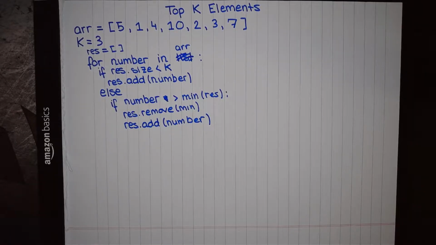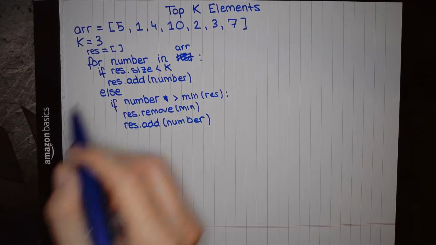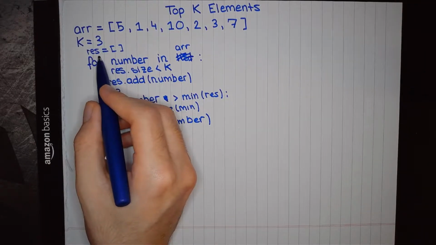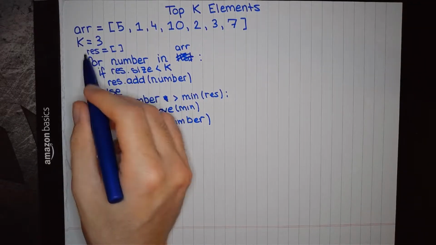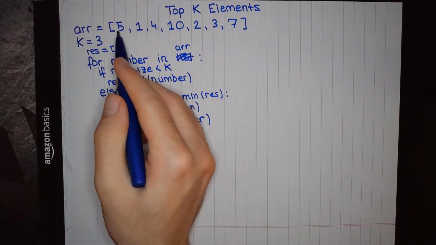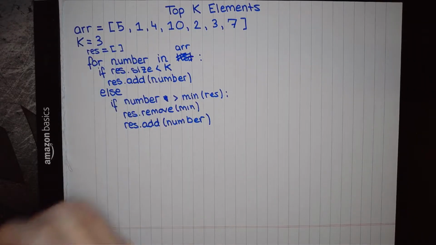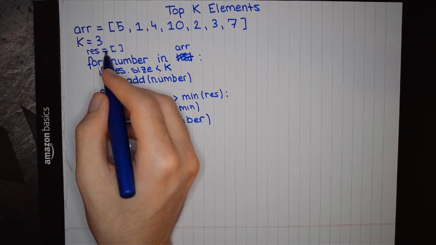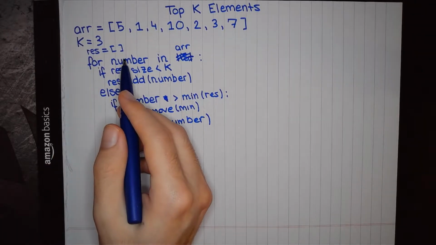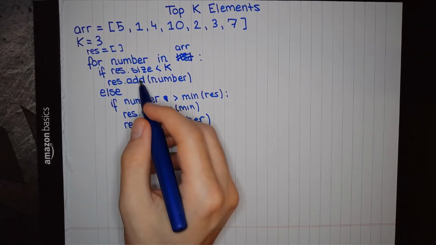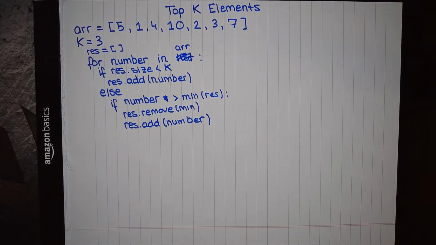I think with enough thinking, most of you will come up with this. You start off with some list, which is going to be a result list, and you go through every single number in this array. If we still don't have k elements in the list, just add that number to the list.